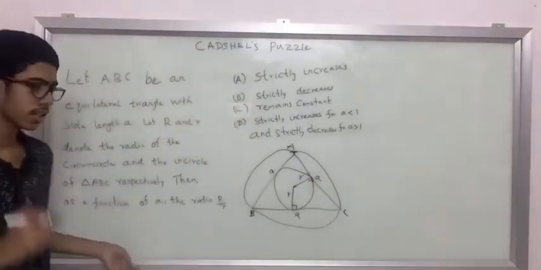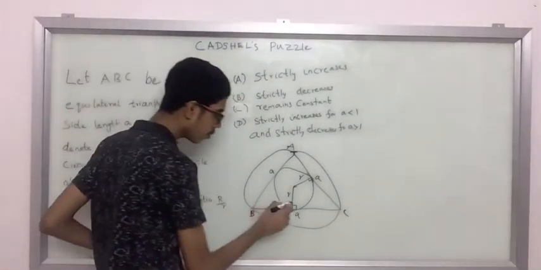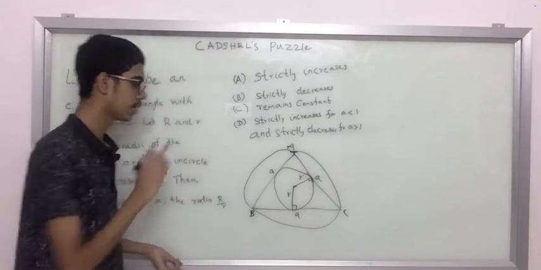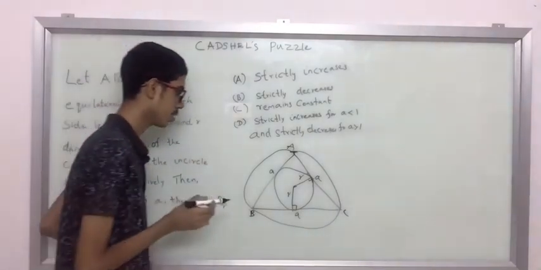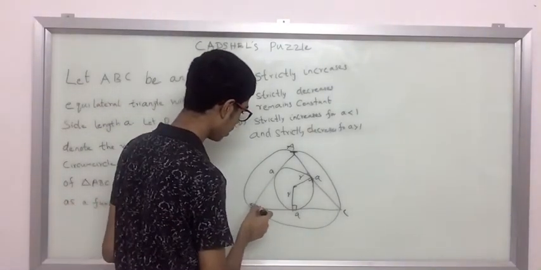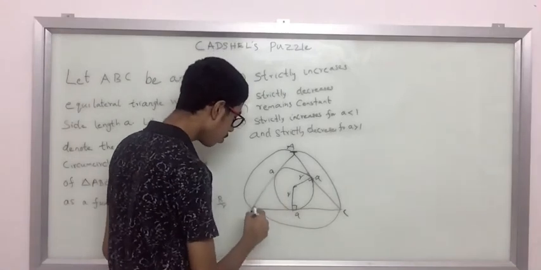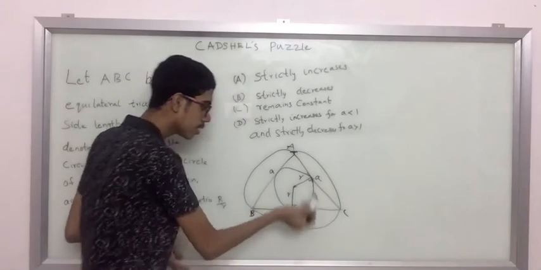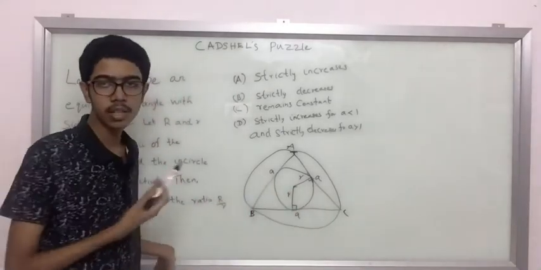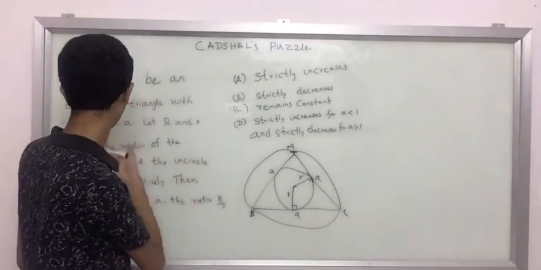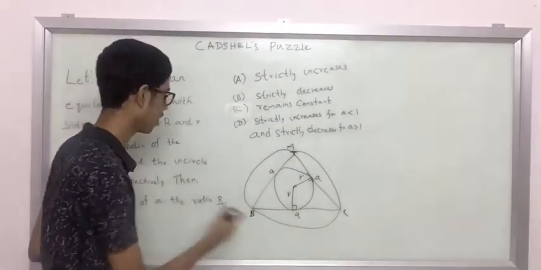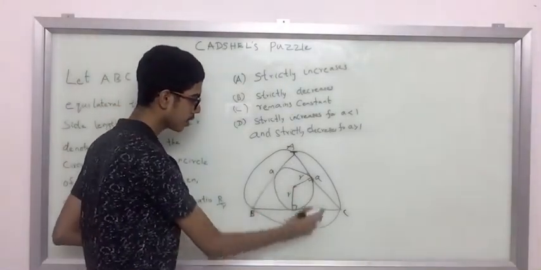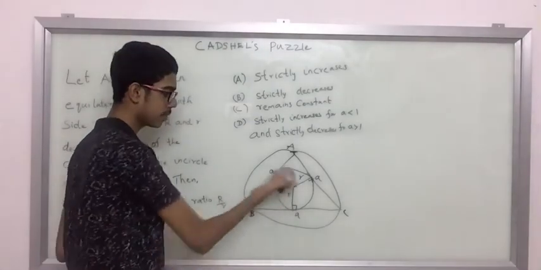See, in this, both will be right-angled. Why am I saying they are right-angled? Because BC is tangent to the incircle, and the same way AC is tangent to the same incircle.